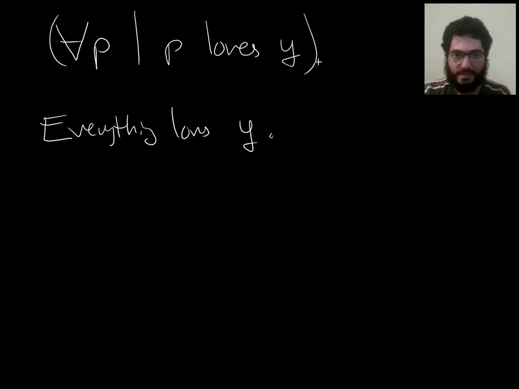So I would say in this statement here, y is a free variable. Free in the sense that this is really about y in particular. It's saying everything loves y. There would be no way to write this in English without mentioning y. So bound basically just means quantified for now.